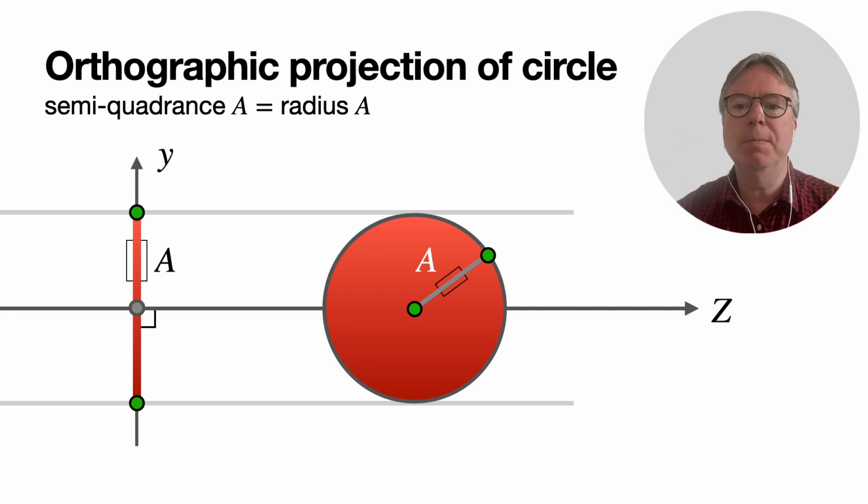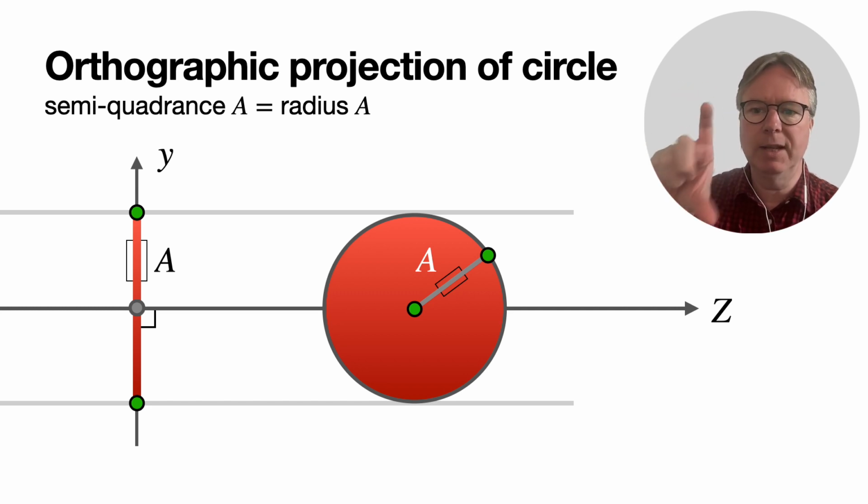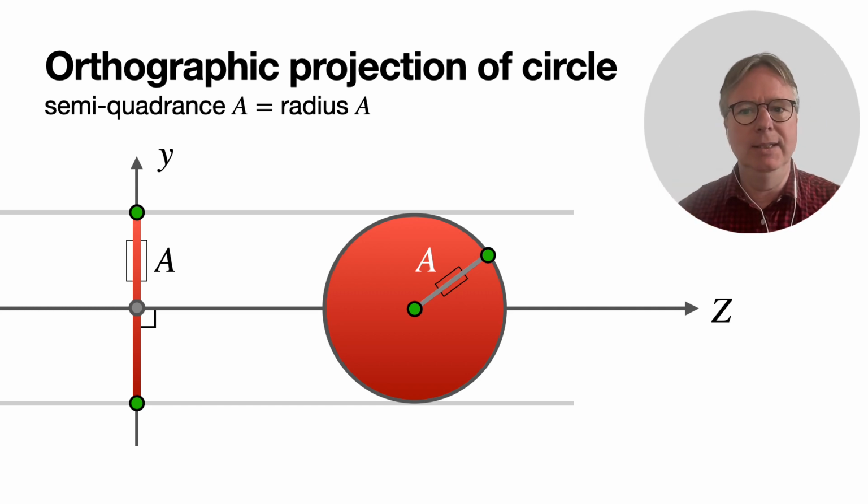I call it the semi-quadrance A. I'm not interested in the length of the whole line segment, but half of it. And in quadrance terms, that's not half, but a quarter. That's why I call it semi-quadrance. So simply the radius of the circle is also the size of the projection.